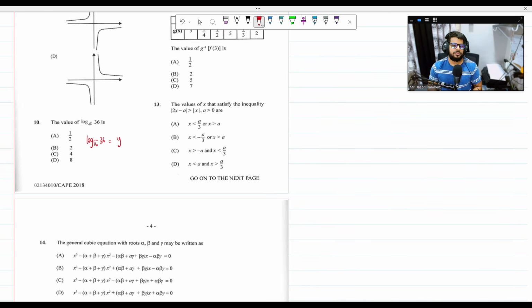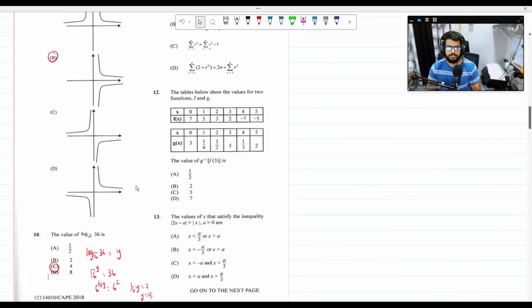I'm going to use laws of indices by changing this to exponential first. I'll get root 6 to the power y is equal to 36. Root 6 is 6 to the power of a half. So I'll get 6 to the power of a half y is equal to 6 squared. A half y is equal to 2. And y is 4.